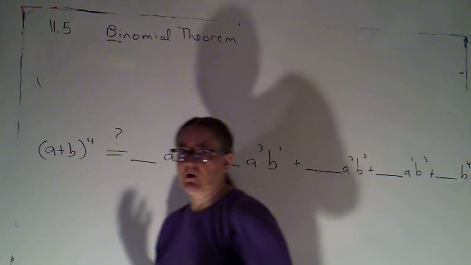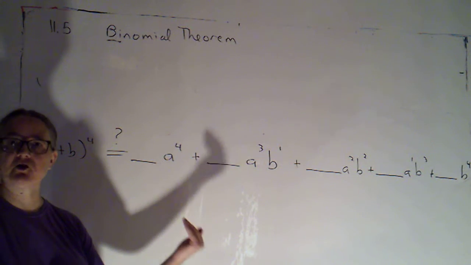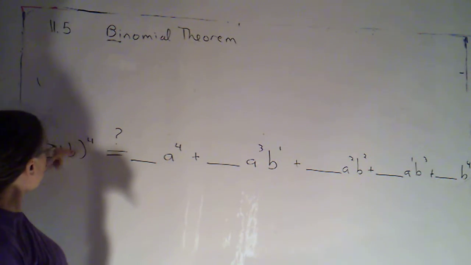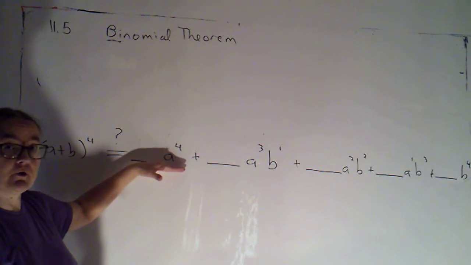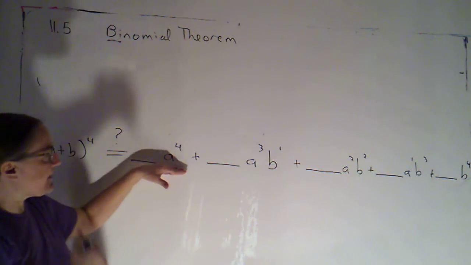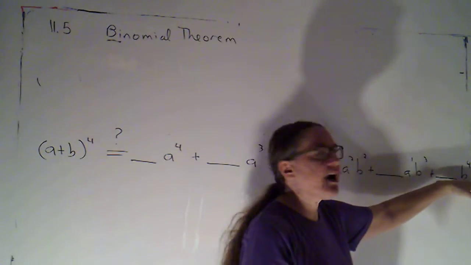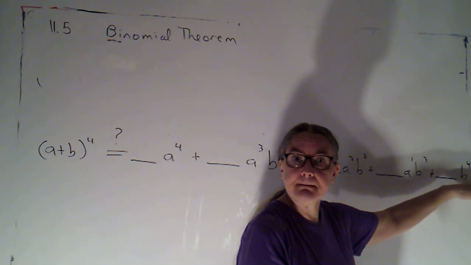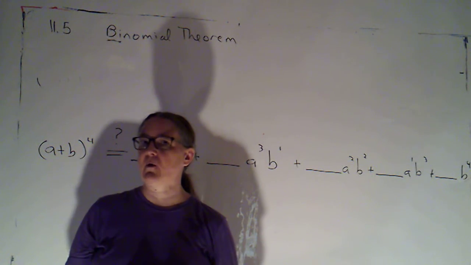Seems reasonable to me that these are the types of terms I should have. So if it's a binomial to the fourth power, I start with all 4 factors being A, and then I systematically go one less A, one more B, until all 4 factors are B. And it turns out that's right. Those are the types of terms we're going to get.